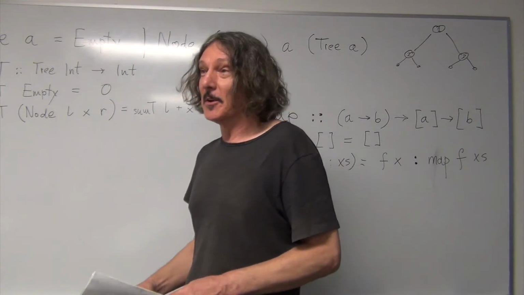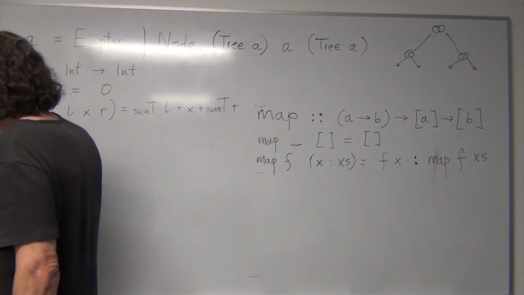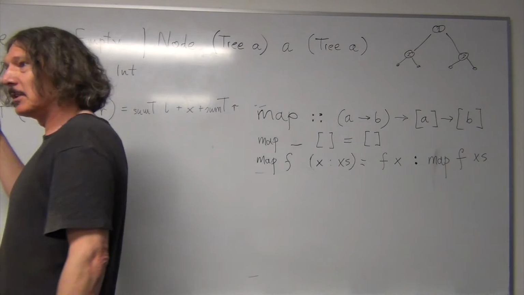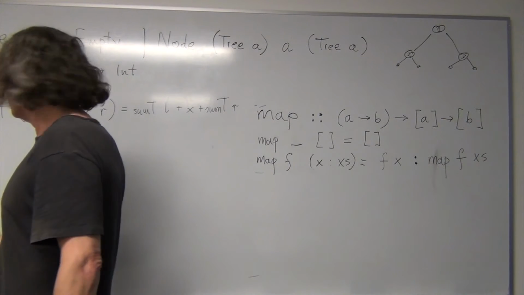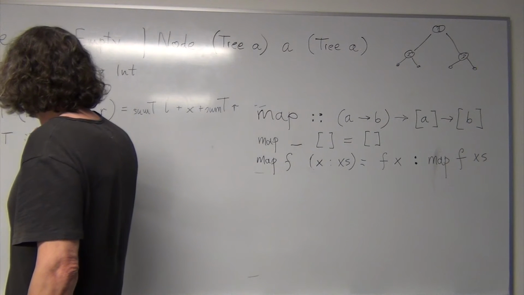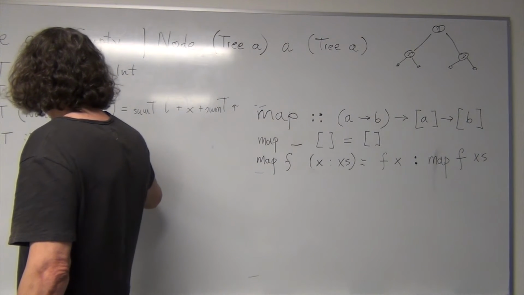And in fact, since you asked, we can define a map on a tree, just like we define map on a list. Okay, map tree would be something that takes a function from A to B, right?